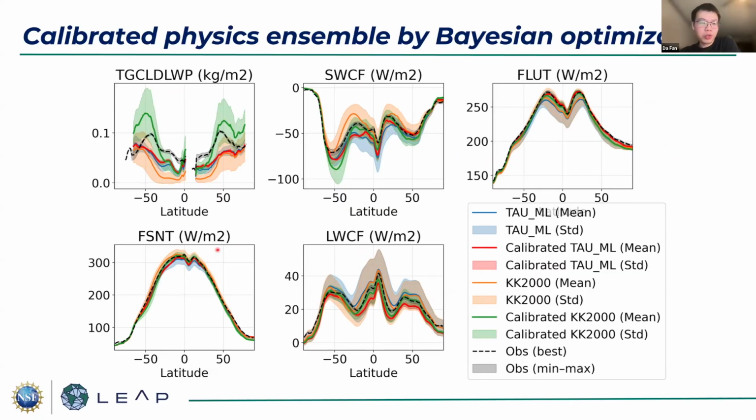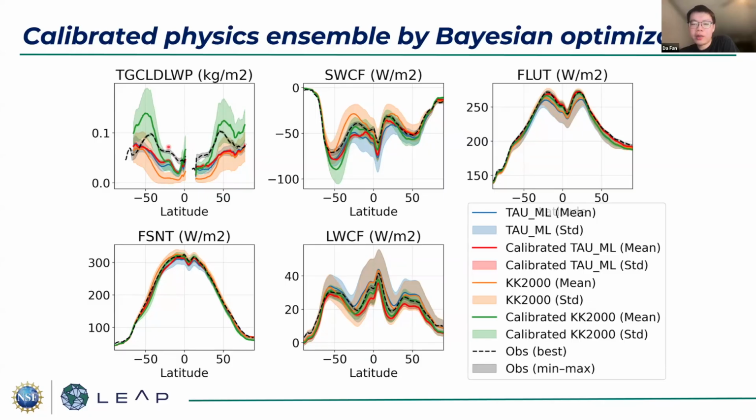That's also the input of our contrastive learning model. So you can see the black dashed line represents the observations. Blue is the original tau ML ensemble. The orange curve is the original KK2000 ensemble. And the green curve is the calibrated KK2000. The red curve is the calibrated tau ML, with the shading representing the ensemble spread.